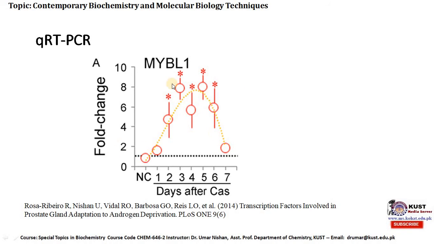So this is showing that with real-time PCR we have measured a certain transcription factor whose expression increases by several folds as a result of removing a certain stimulus, and then it comes down to the normal level, showing that this is a transitory expressed transcription factor.